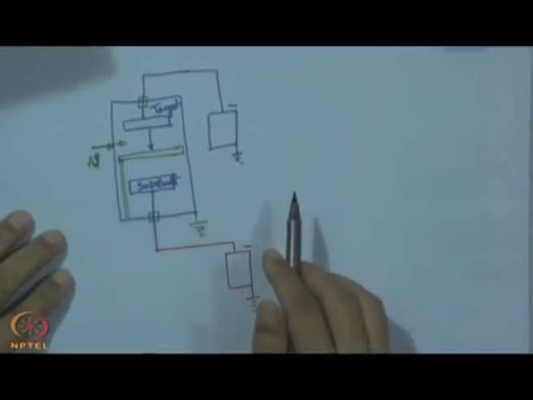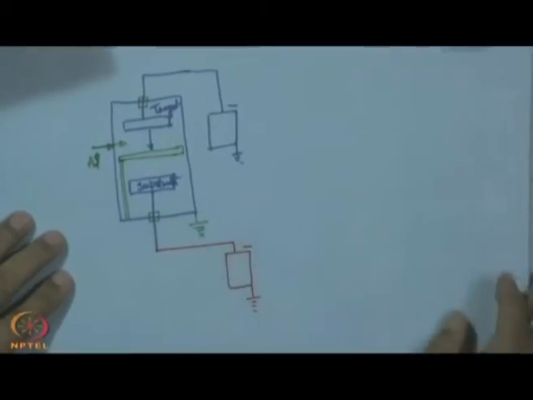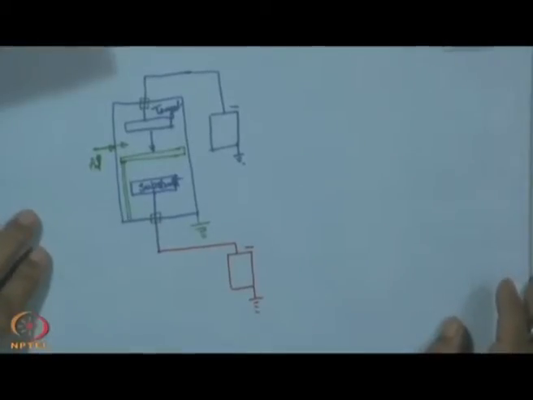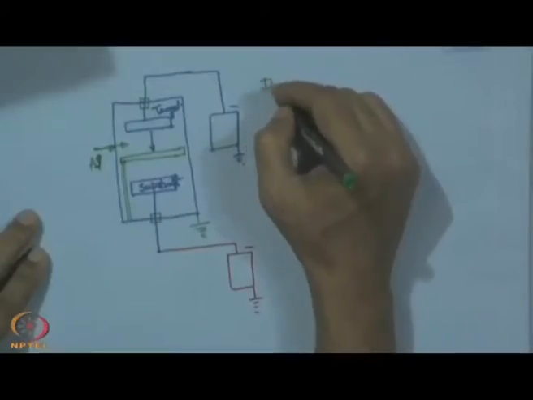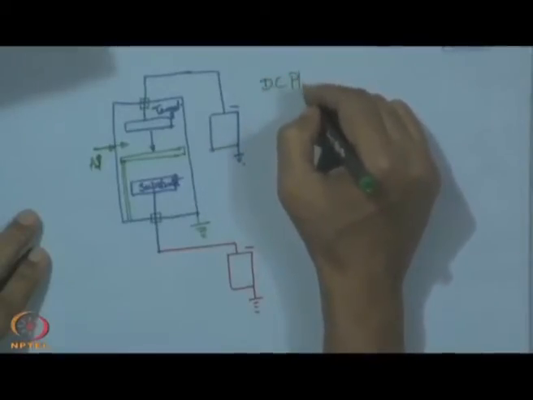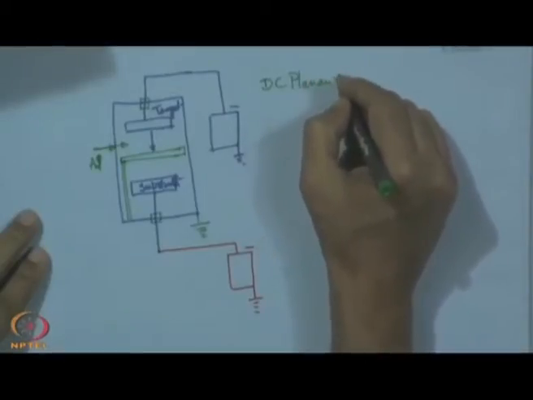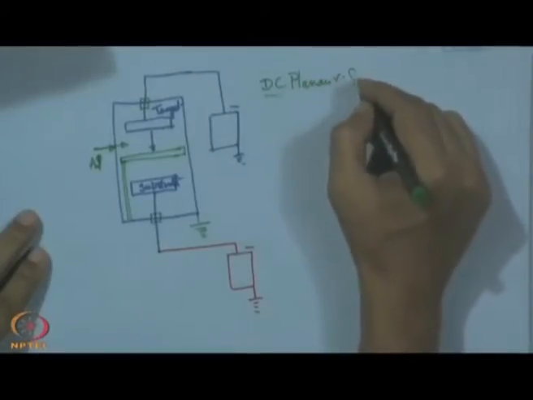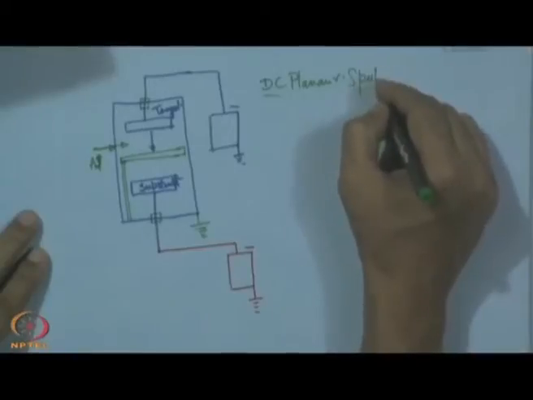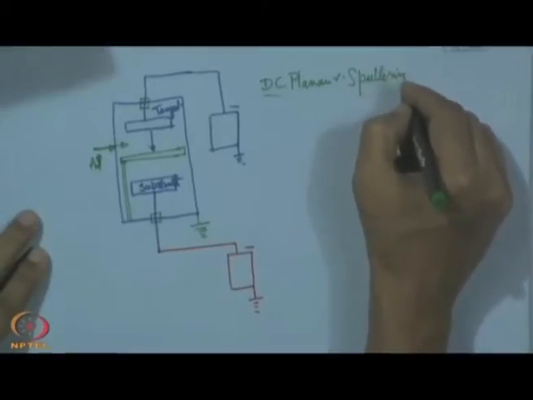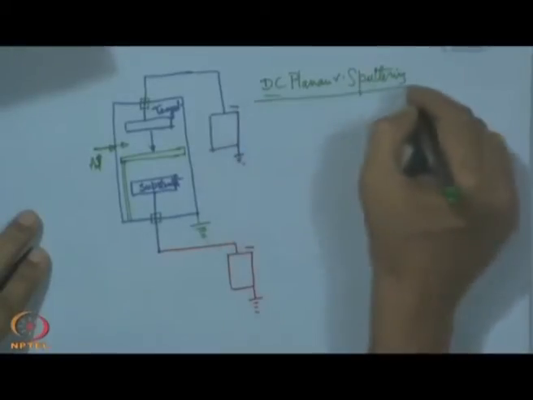One can recognize this very special advantage of sputtering, but this is still what we call DC planar diode sputtering. DC planar sputtering is the simplest one, but it is not free of difficulty.